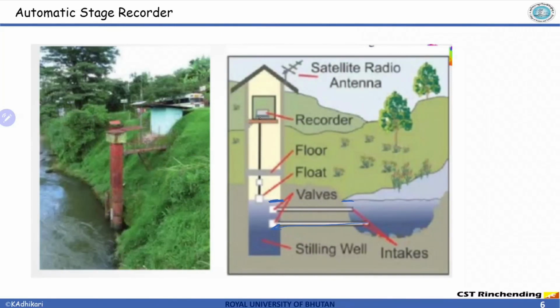They use some kind of float mechanism, and this float will move up and down depending upon the water level. So as water rises in the river, the water in the well rises too, so it will have the same level. This float will rise here, and accordingly it is recorded here, and that information is sent to the data center. So this is the automatic way of recording stage.